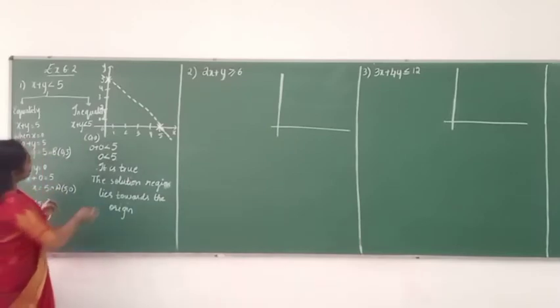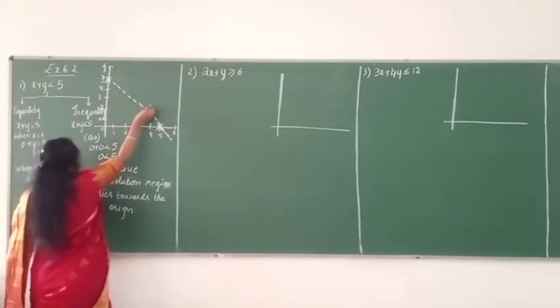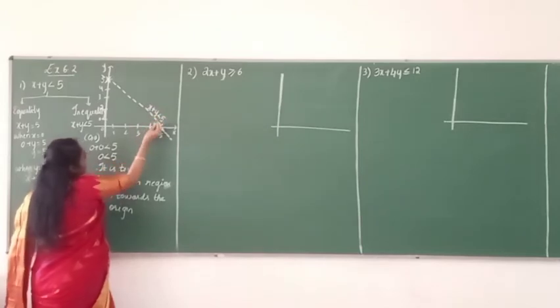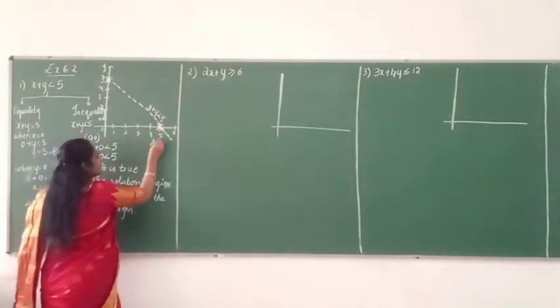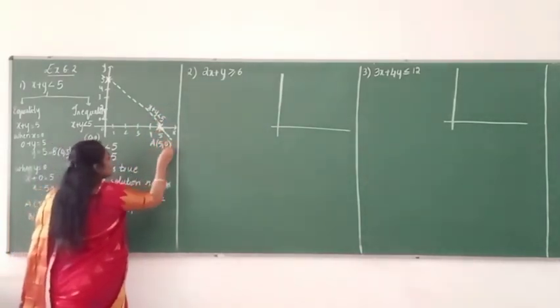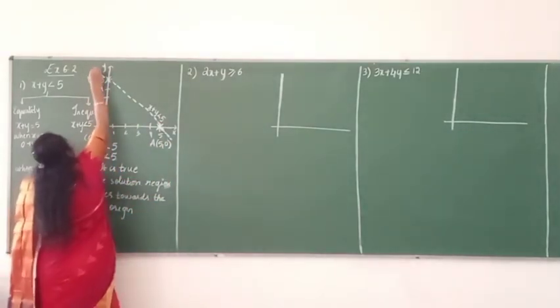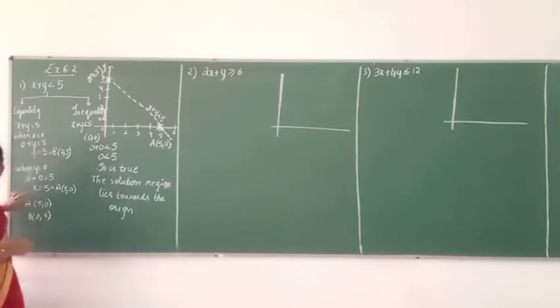Is it clear? This dotted line I will write as x plus y is less than 5, and I will indicate A as 5, 0 and B as 0, 5. If you interchange and write the points, you can consider this as A and this as B. There is nothing wrong in it.